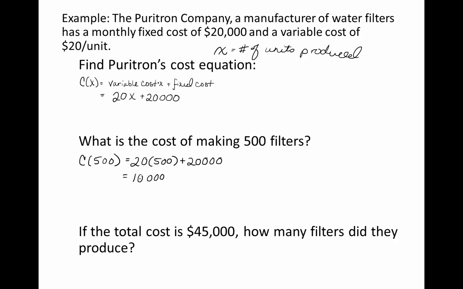Another alternative is, suppose you know the cost, but you don't know exactly how many filters you produced. So what you can do is replace the cost by 45,000 and then have 20,000 plus 20x, solve that particular equation as you normally solve a linear equation, and you get 1,250 units for x.